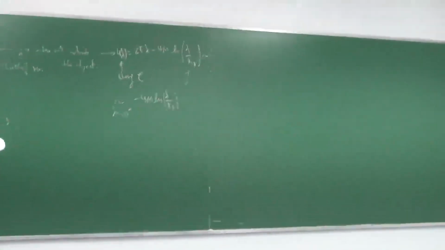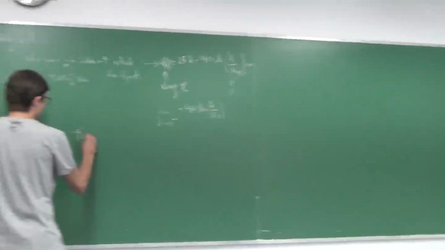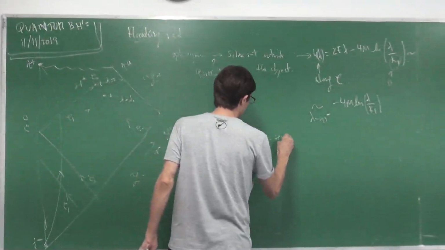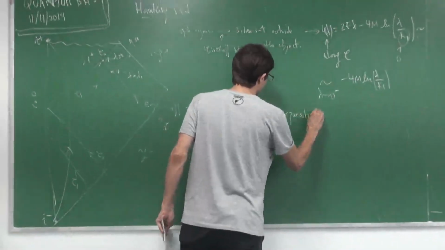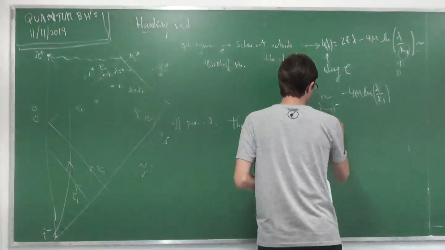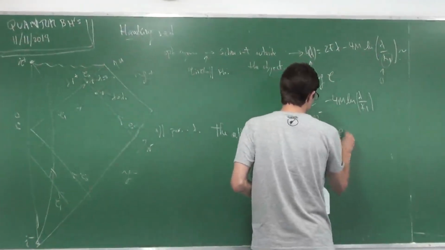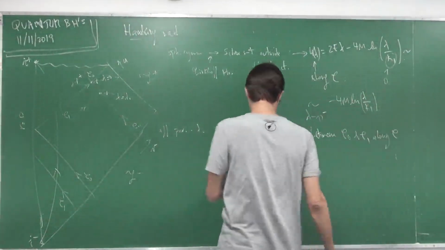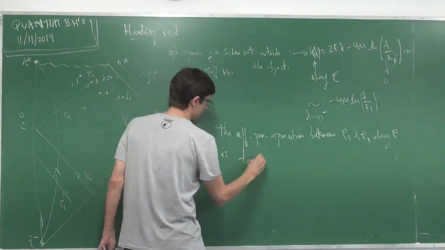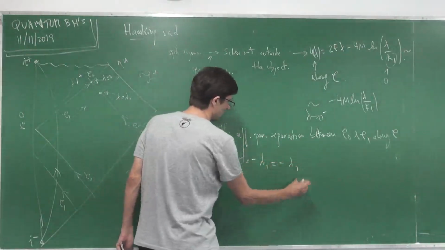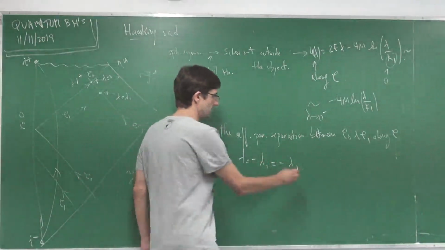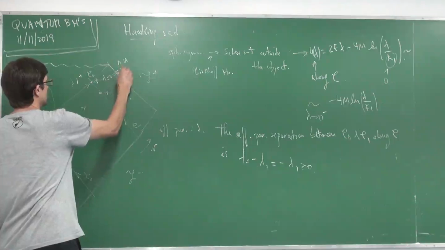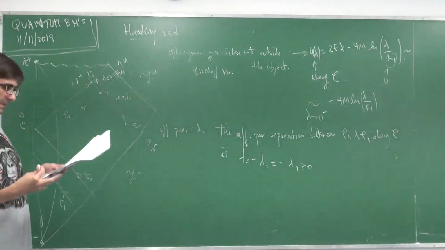So the affine parameter separation between C0 and C1 along C is lambda 0 minus lambda 1, and lambda 0 is 0. So it's minus lambda 1.